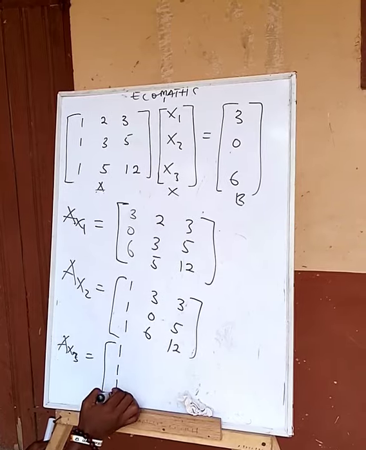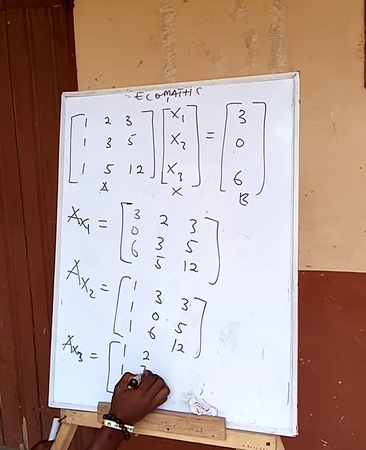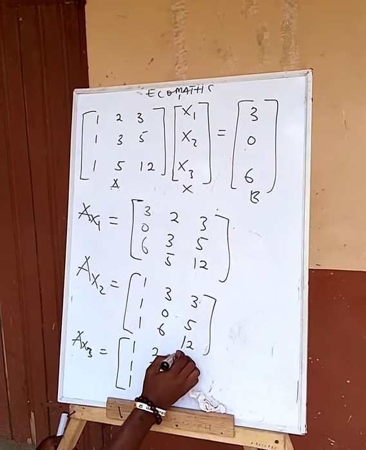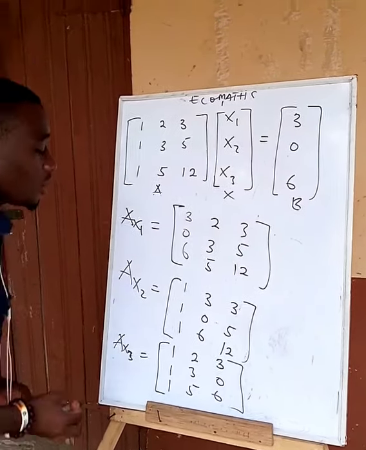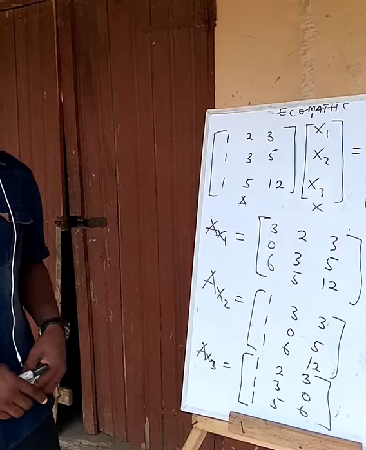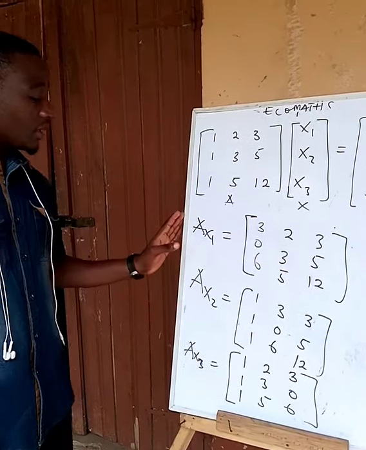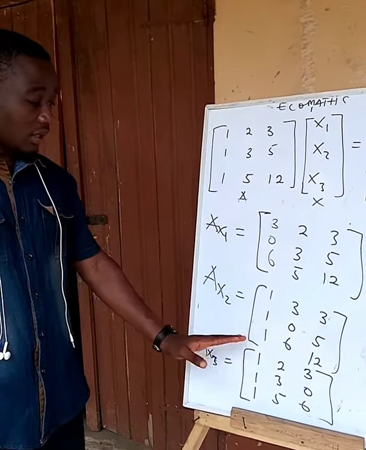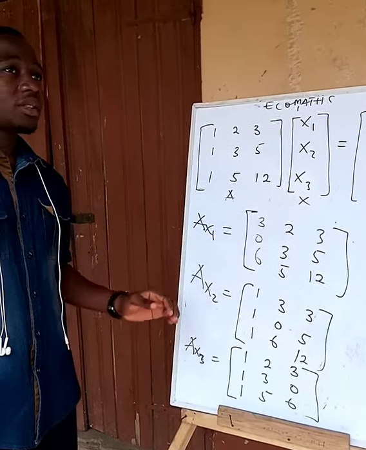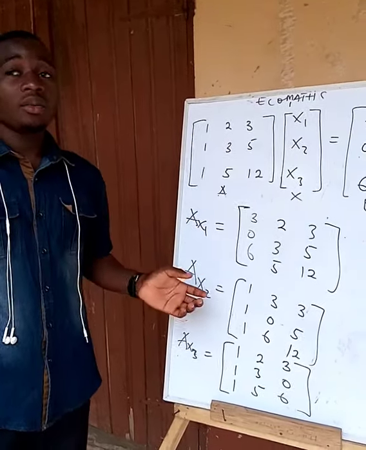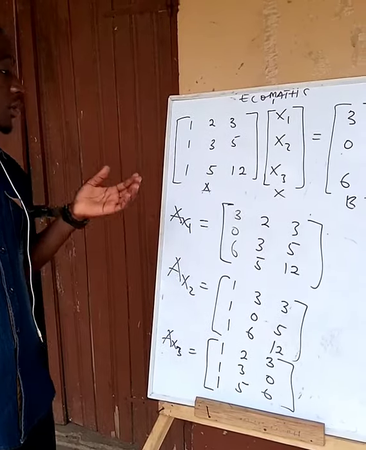So 1, 1, 1, 2, 3, 5, and then now 3, 0, 6. So all you need to do now is to find the determinant of these matrices, and then you divide by the determinant of the coefficient matrix, which we have found to be 3.